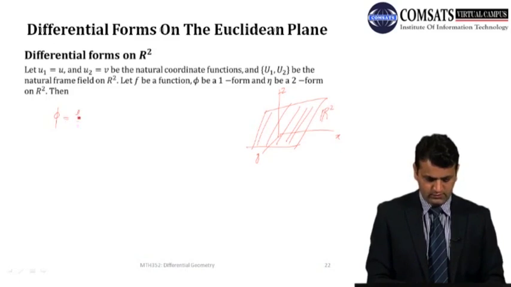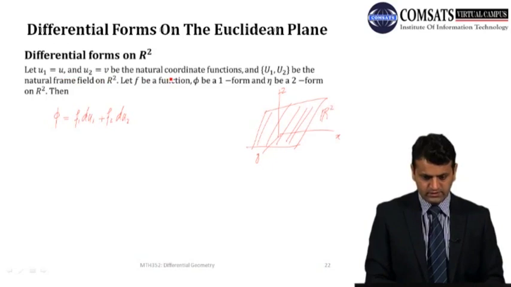So this is equal to f1 du1 plus f2 du2, and u1 and u2 are natural coordinate functions, and u1 and u2 are the natural frame field of R2, and f is any real valued function, and phi is a 1-form and eta is a 2-form on R2.